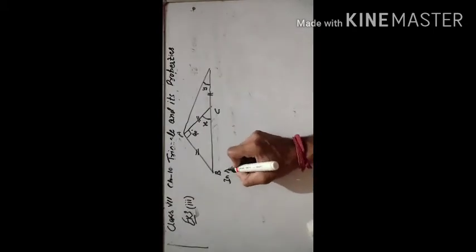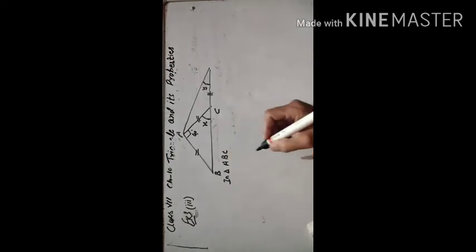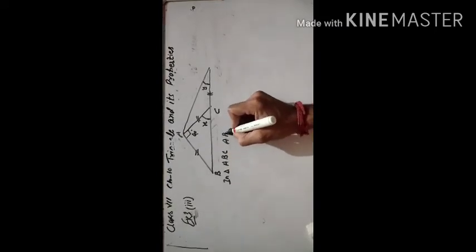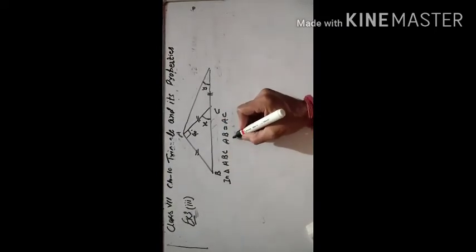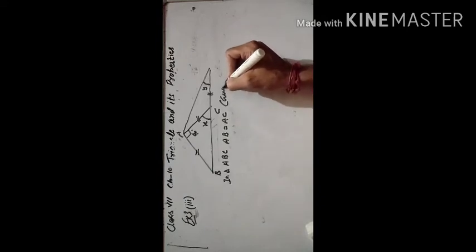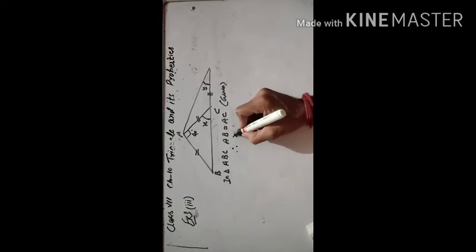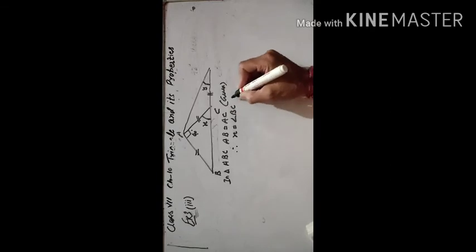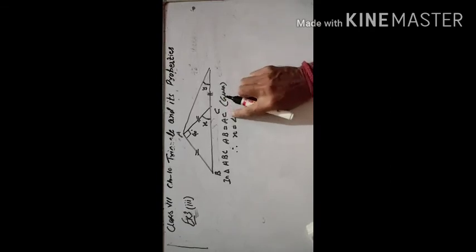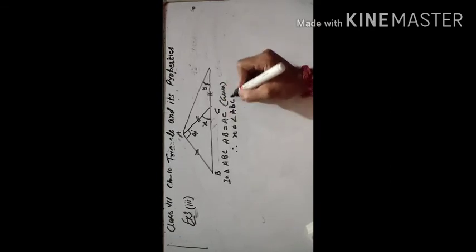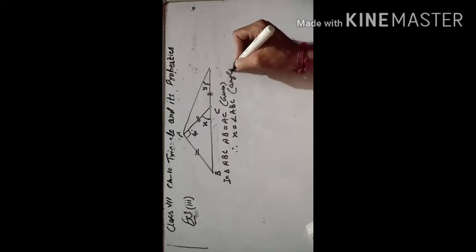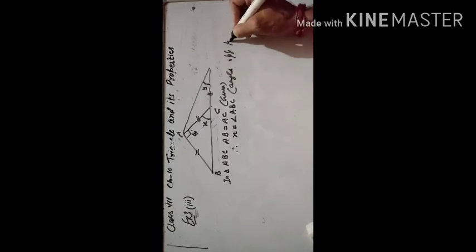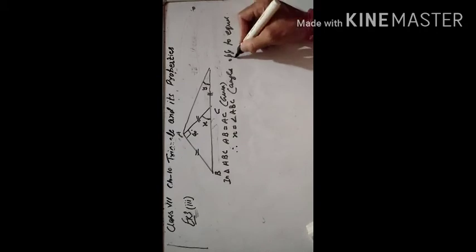In triangle ABC, AB is equal to AC, given. Therefore x is equal to angle ABC, angles opposite to equal sides.